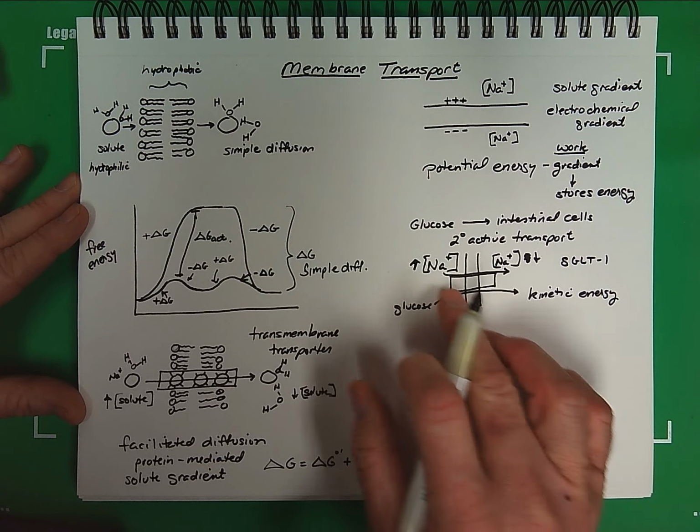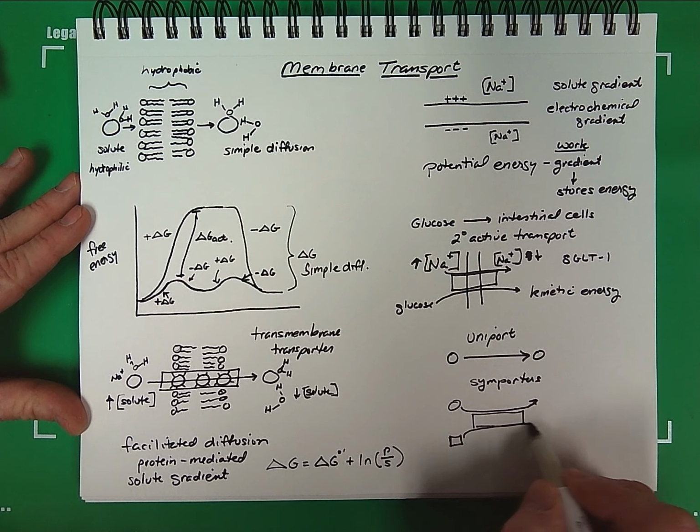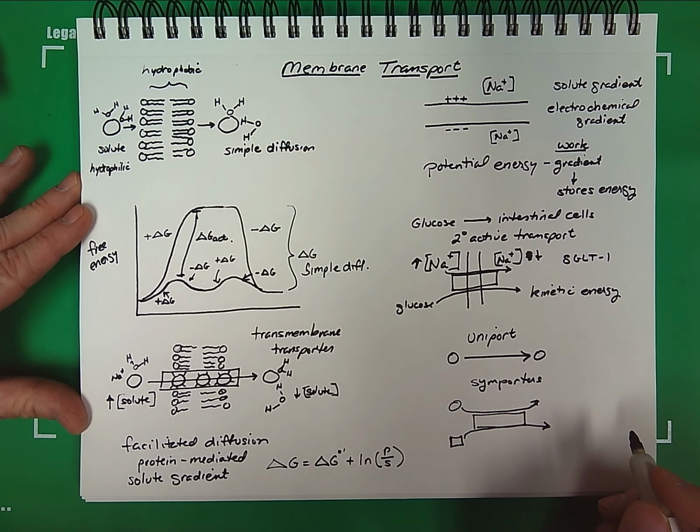Now, transporters come in several different varieties. We have, first of all, uniport transporters. This means a molecule is going to be moving in one direction, similar to what we've discussed here with our facilitated diffusion. We can also have symporters. In this case, we have a transporter that is moving two molecules, typically different molecules, in the same direction.